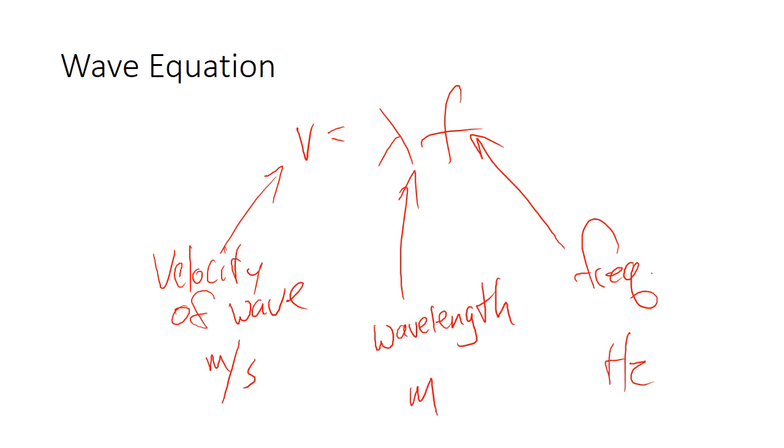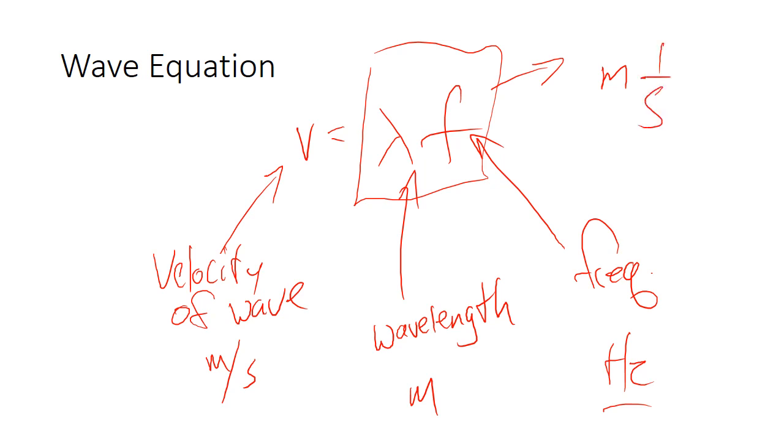So wavelength is how long a wave is. Think about this side of the equation for just a second. You've got something that measures how long it is in meters and something that measures how much it goes back and forth, which is per second. So you're going to get meters per second, which is a speed. Hopefully this makes sense, where the wave speed is going to be the wavelength times the frequency. Ta-da.